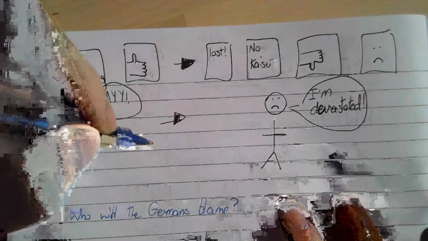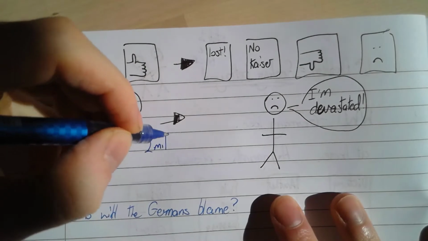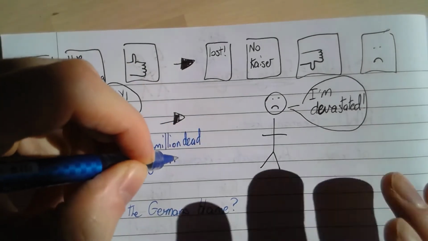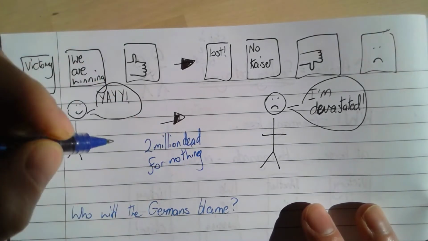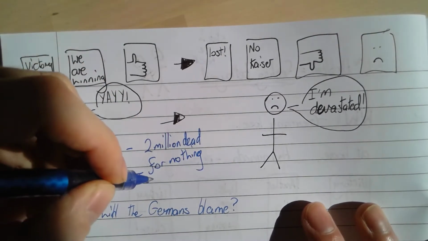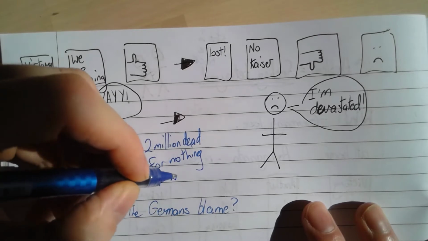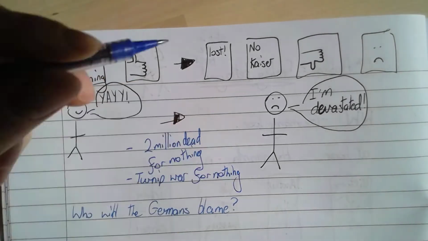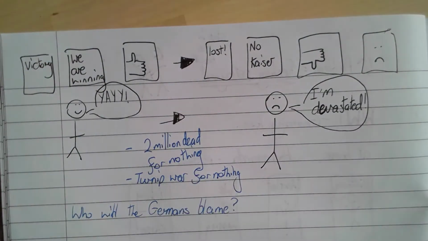So all those 2 million soldiers were for nothing because they lost. The turnip war and the starving for nothing. People don't mind in countries going through hard times if they know it's for a good reason.